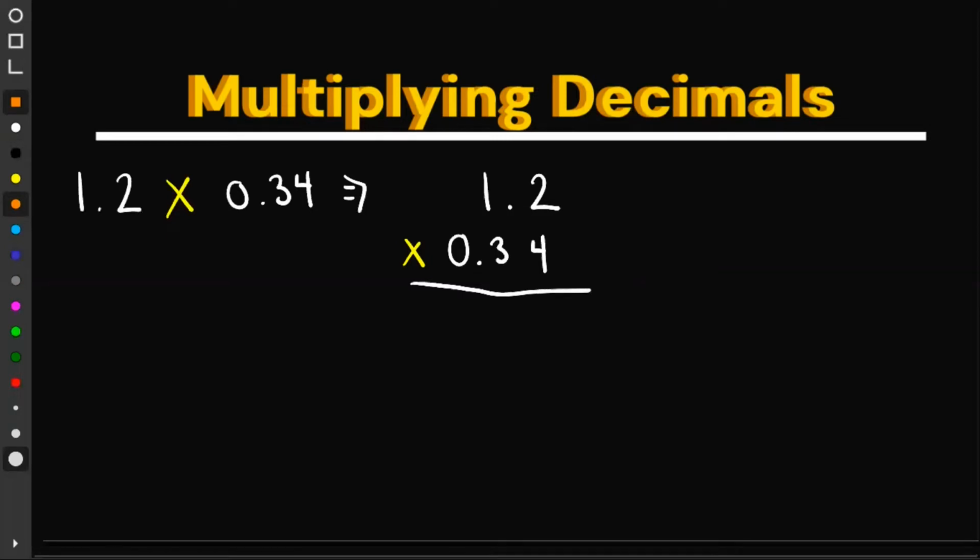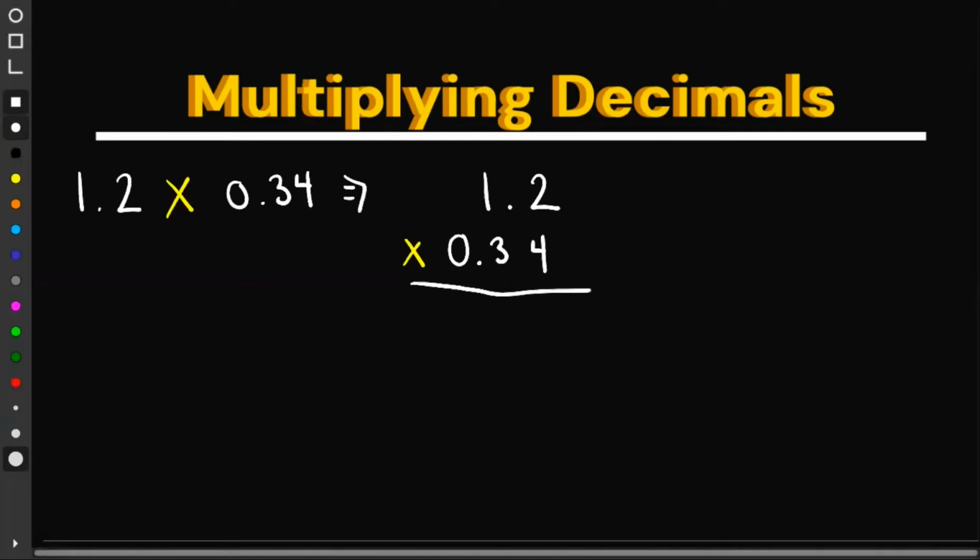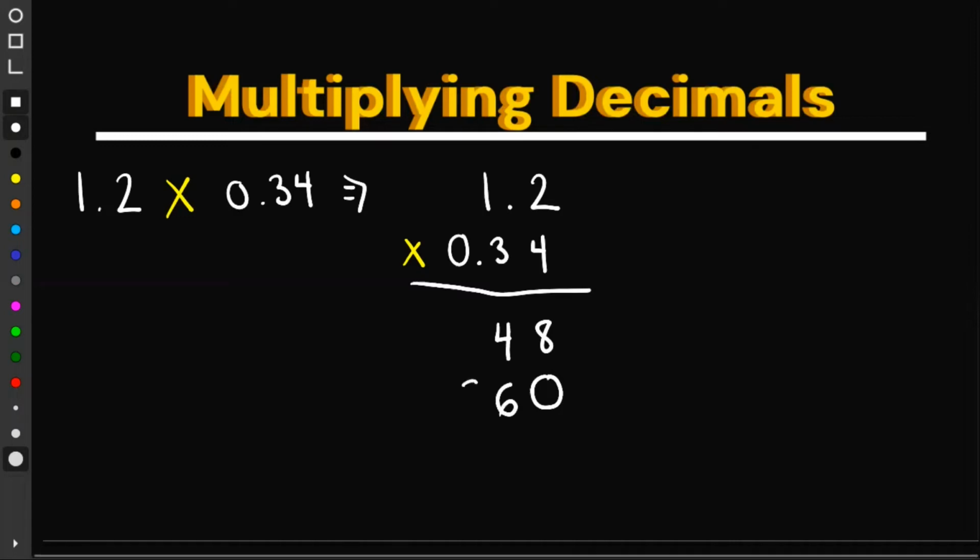So again, we treat these as whole numbers, so we simply multiply 12 times 34. So 12 times 34 would give us 4 times 2 is 8, 4 times 1 is 4, add a 0 here, 3 times 2 is 6, and 3 times 1 is 3.